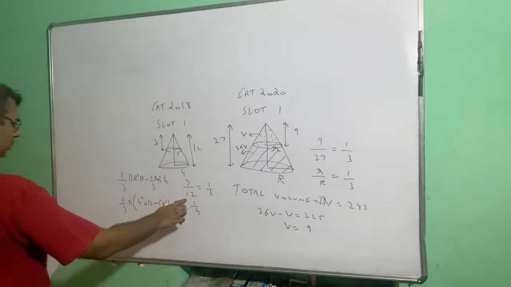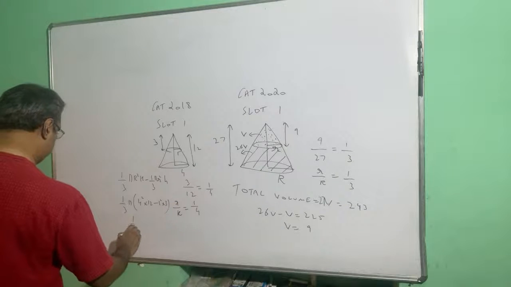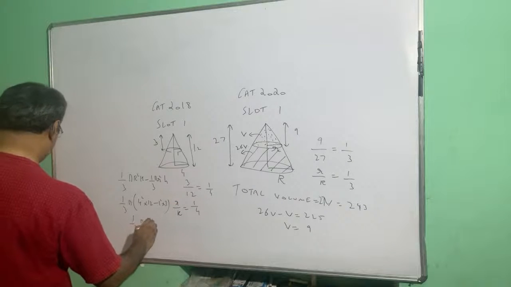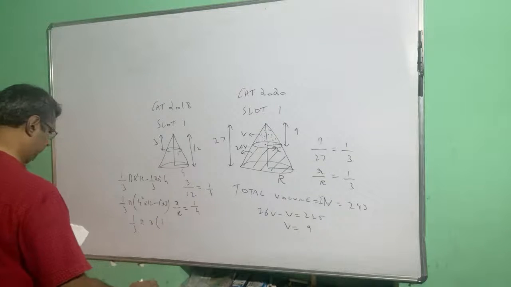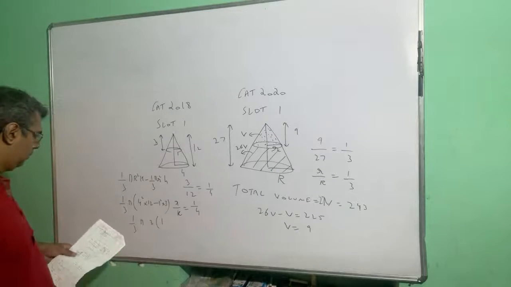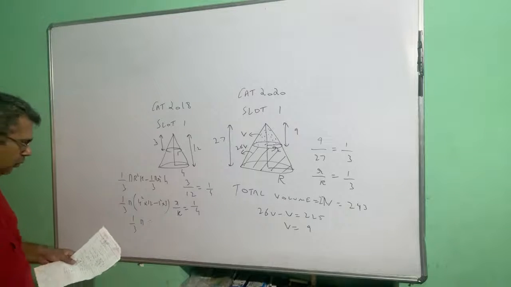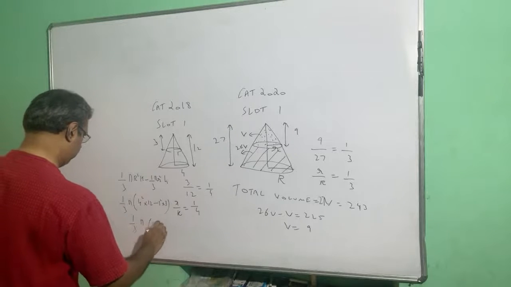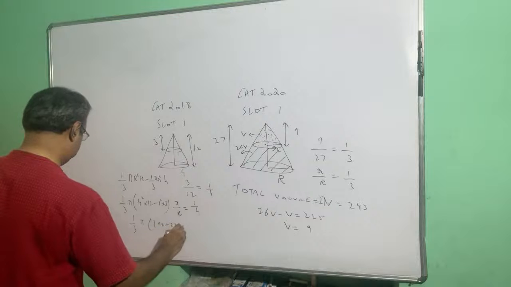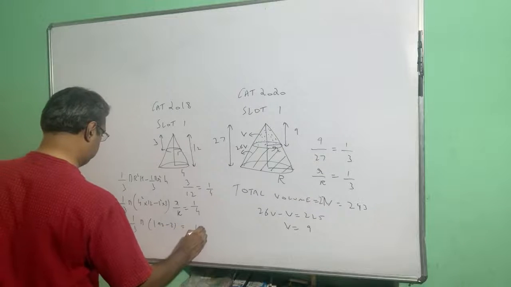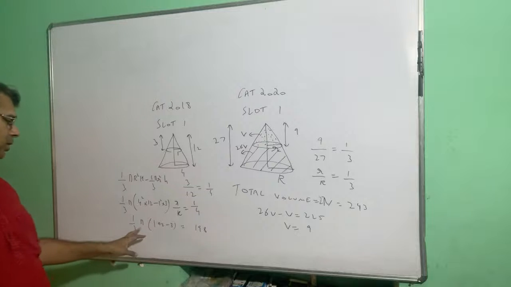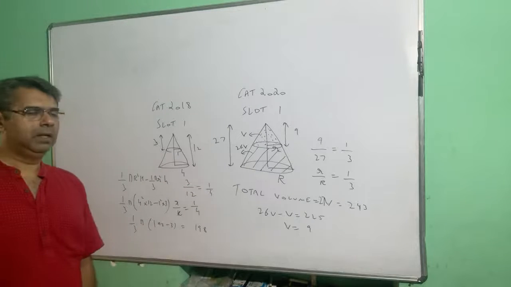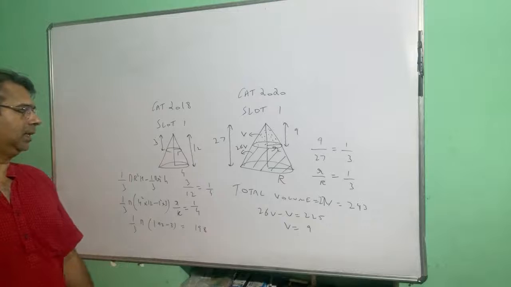So 1/3 pi into 192 minus 3, right? After simplification, it comes to 198, because you have to put pi as 22/7. So the answer of this question was 198.